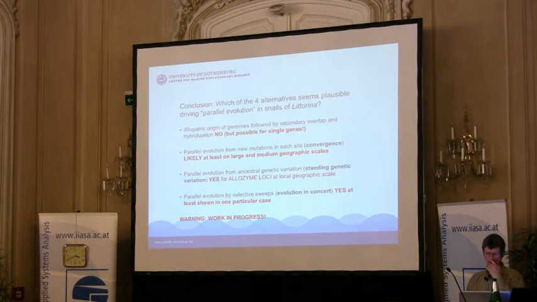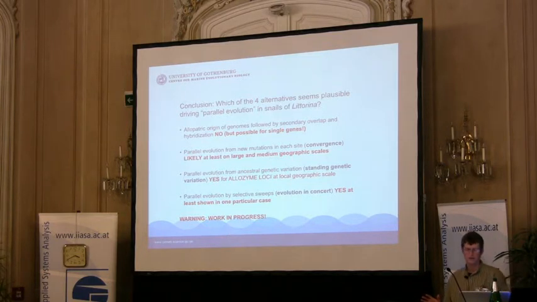So, trying to sum up, we have quite a complex picture now. We can probably, at least for the genome as a whole, reject the idea that we have an allopatric origin of these ecotypes. But, of course, we still have the possibility that single genes have an allopatric origin and, for example, have spread by selective sweeps or are present in the standing genetic variation.